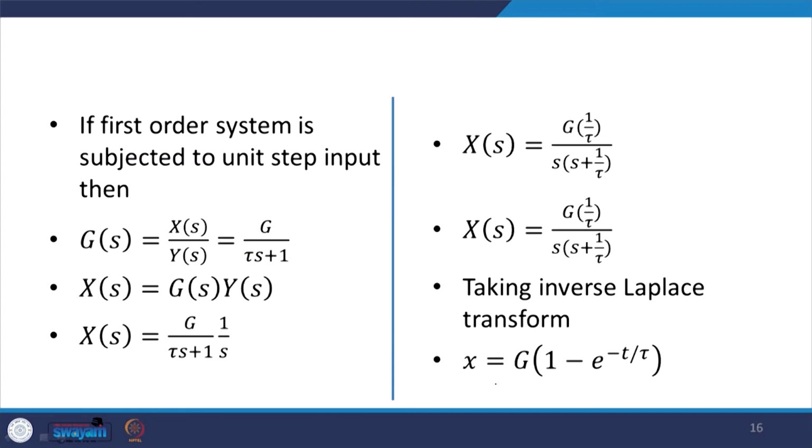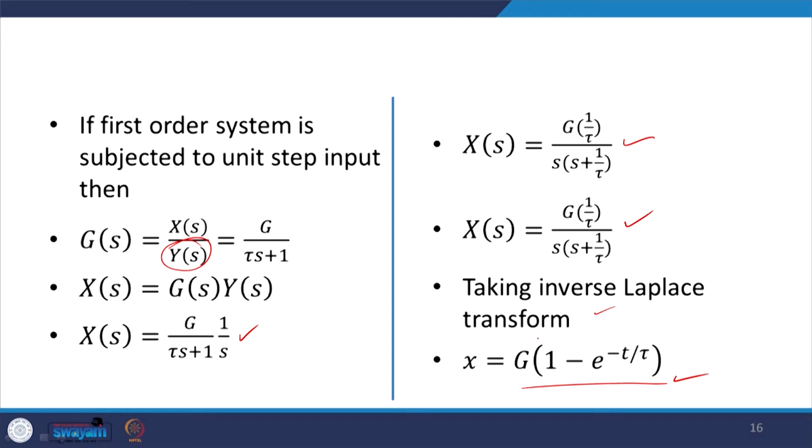Now, if the first order system is subjected to a unit step input, then we can take Y(s) equal to 1 by s. So, I can write X(s) as G(s) Y(s), which is G by (tau s plus 1) times 1 by s. I can write it in this form, and if I take the inverse Laplace of this, then this is what we get. So, you see that by taking the inverse Laplace transform, we are coming back to the time domain.